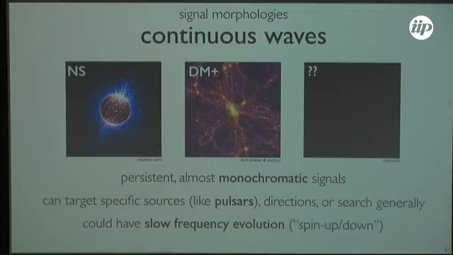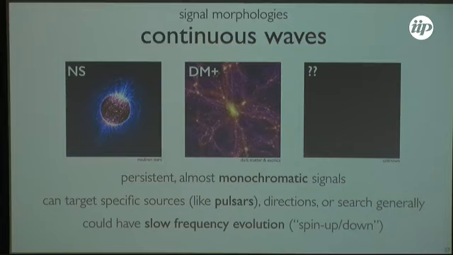So in this case, you can no longer make the approximations I mentioned before that the Earth is not moving and the detectors are stationary and so on. So the kind of analysis that we do to search for these signals is very different from what we do for other signals that we have seen.